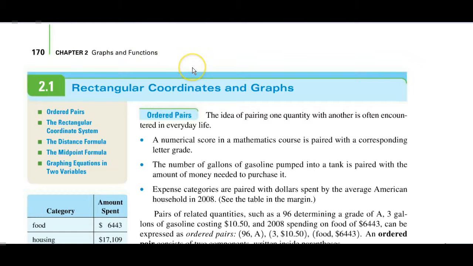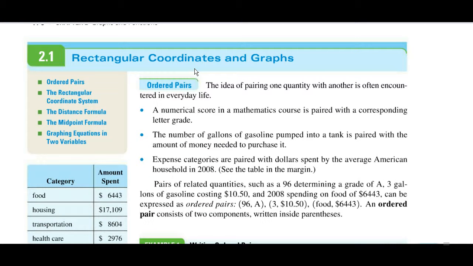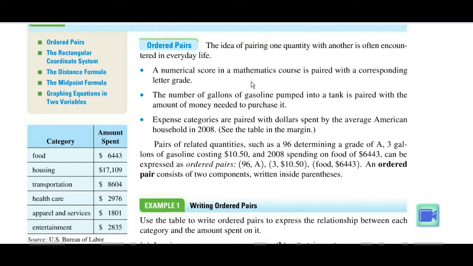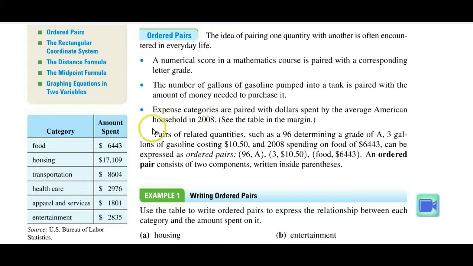So let's get started. Now we did some of this in Math 1103, the rectangular coordinates and graphs. And here they're giving us some background. Now, throughout this series, I'm not going to read what is in your textbook, but we'll comment on it.